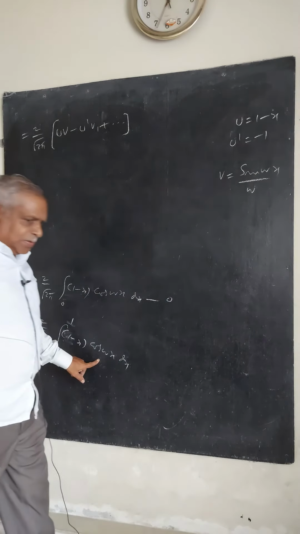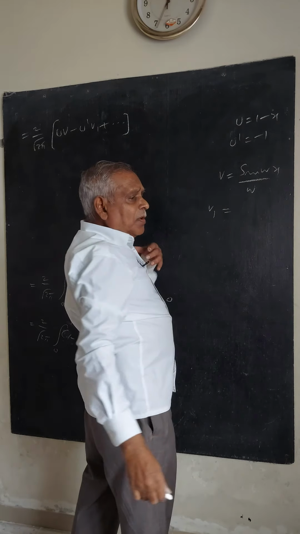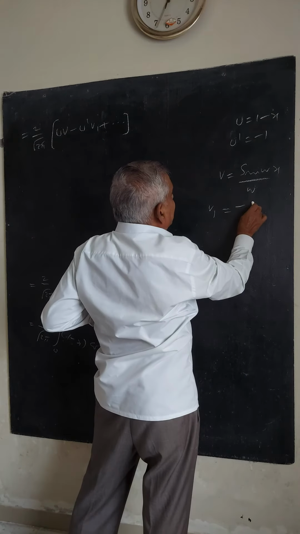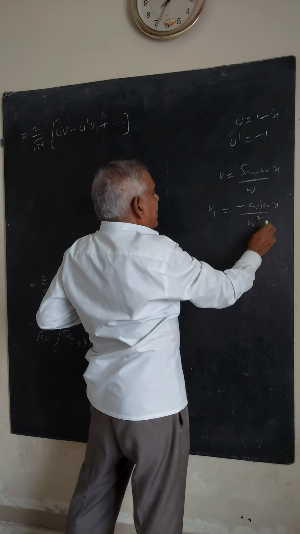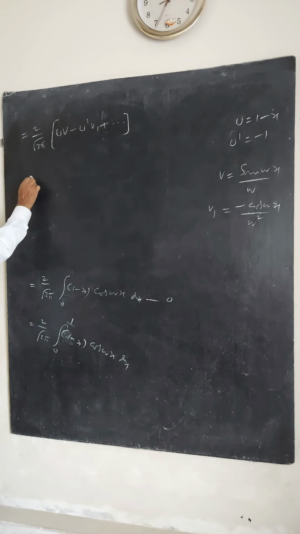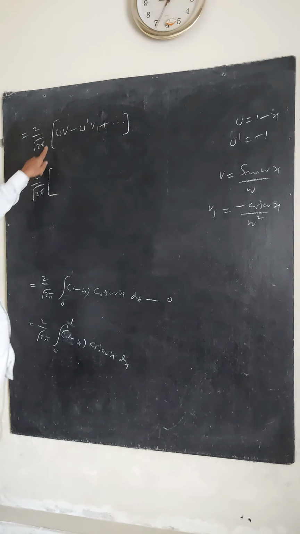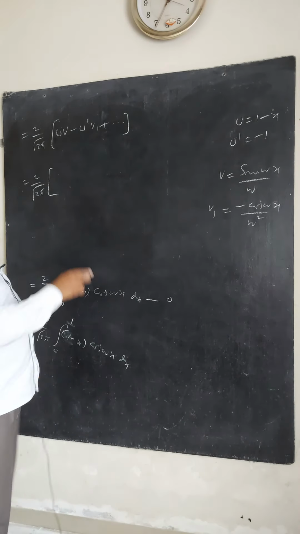Integration of this, v1. Again integrating: integration of sine is minus cos, minus cos omega x by omega square. Putting all this in this Bernoulli integral, 2 by root of 2 pi. Here u is positive, v is positive.